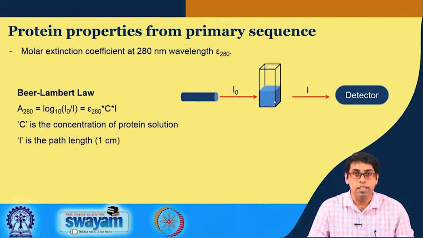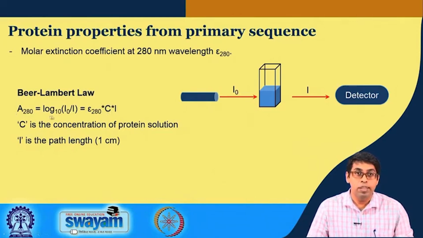The light is incident, and whatever is absorbed, the remaining is detected, and from that we get the absorbance. So, A280 is known. If we know epsilon 280 and L, the path length, which is typically set to 1 centimeter, we can calculate the concentration of the protein, in terms of millimolar.